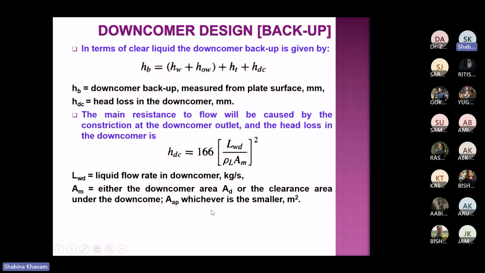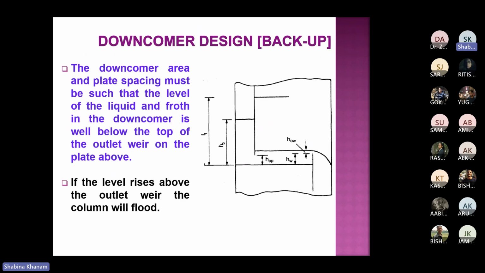So here I'm having two things. One is the downcomer area, that is AD, which is usually 12% of column area. That varies actually, but we consider 12% of total column area, and that is nothing but AD. Secondly, the clearance area under downcomer. Clearance area under downcomer will be nothing but this area. If I ask you how to find this area, consider this HAP and area.